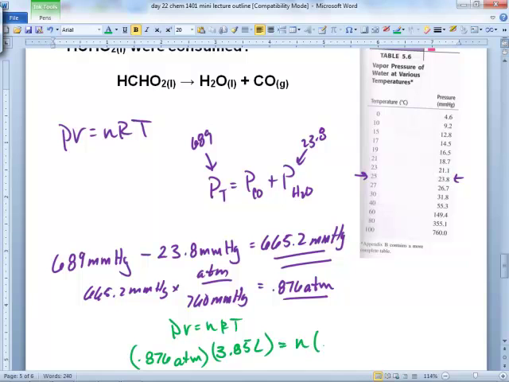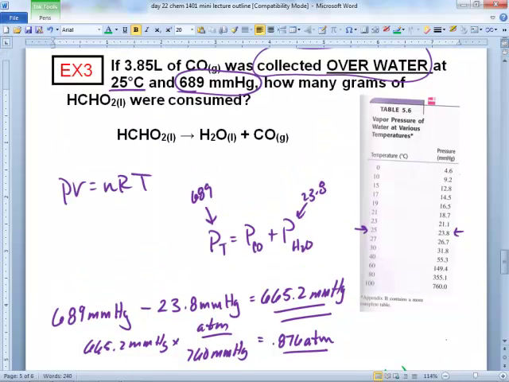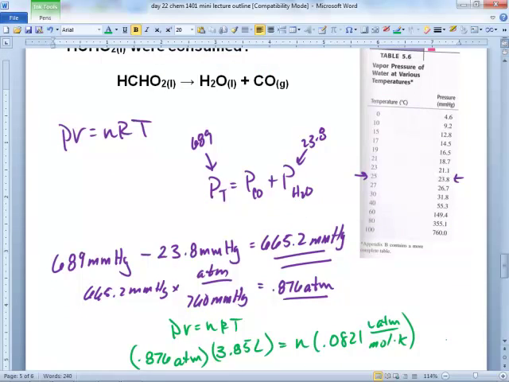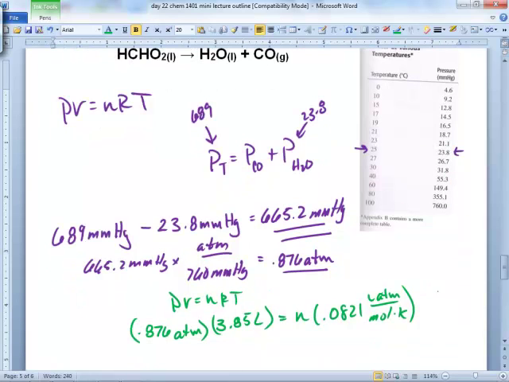R is 0.0821 liters atmospheres over moles Kelvin. I like writing in all those units for R because then it reminds me what everything's supposed to be in, and it's one less chance to screw up. For example, the T, you wouldn't write 25 degrees Celsius, it's 298 Kelvin.